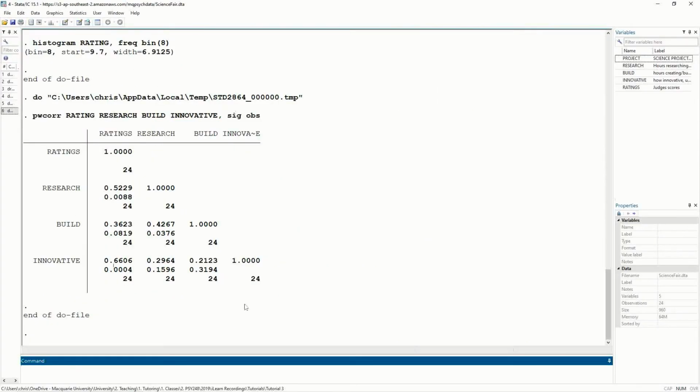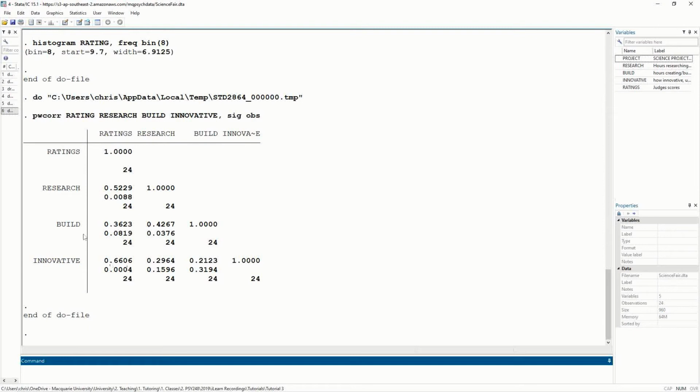So here is our correlation output, and we can see ratings in the first column, and then we can see our 3 IVs. If we go down this first column, what we notice is that there is a significant, positive, moderate relationship between ratings and research.